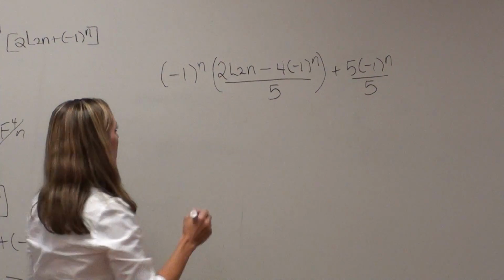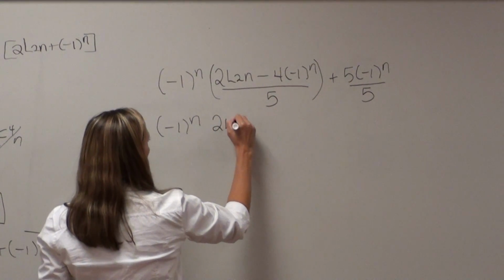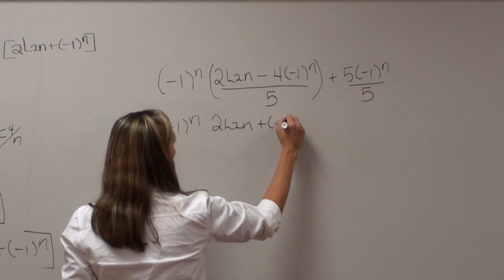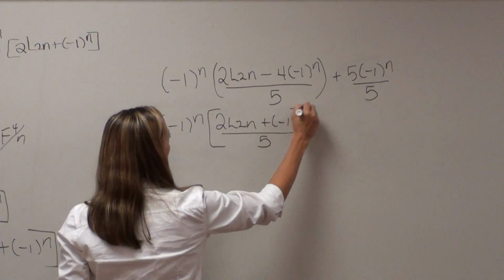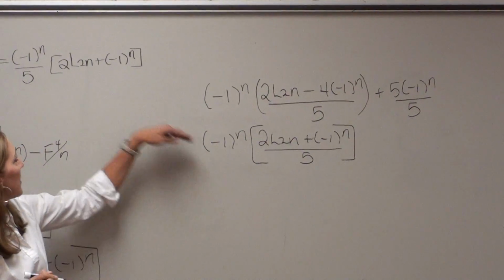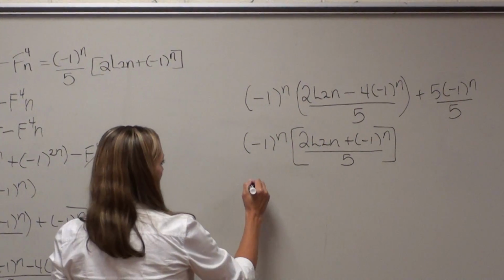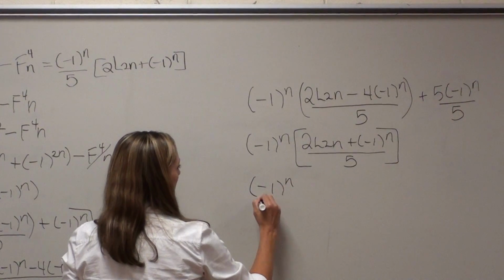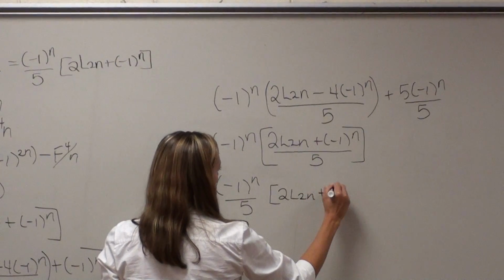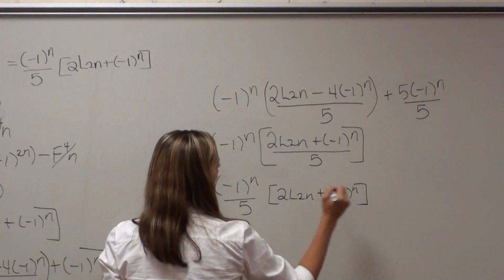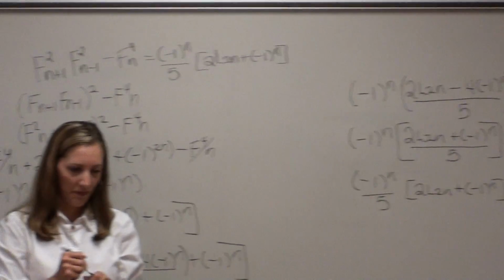I have 2 fractions. Now it's getting there. It's starting to look like my right side. I'm going to go ahead and move the fraction divided by 5 over to the -1 to the n. And now my left side looks like my right side, and I proved my theorem.